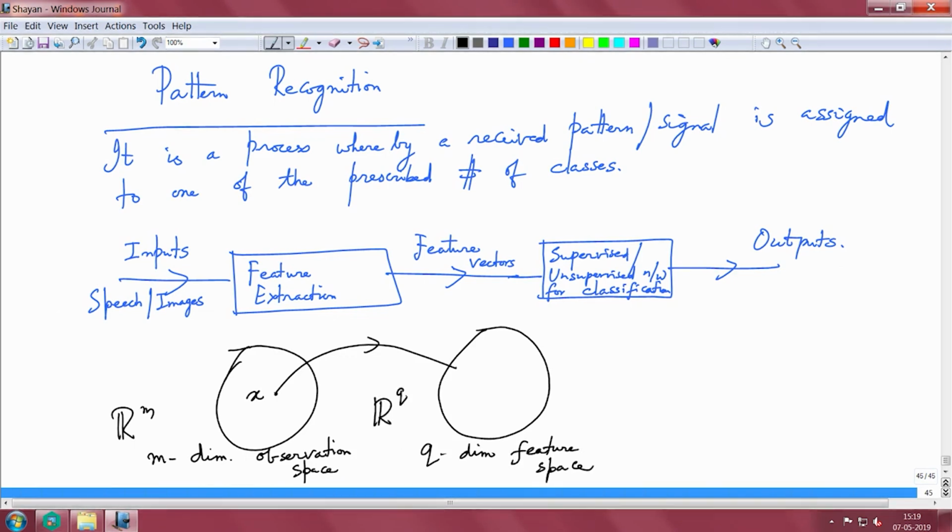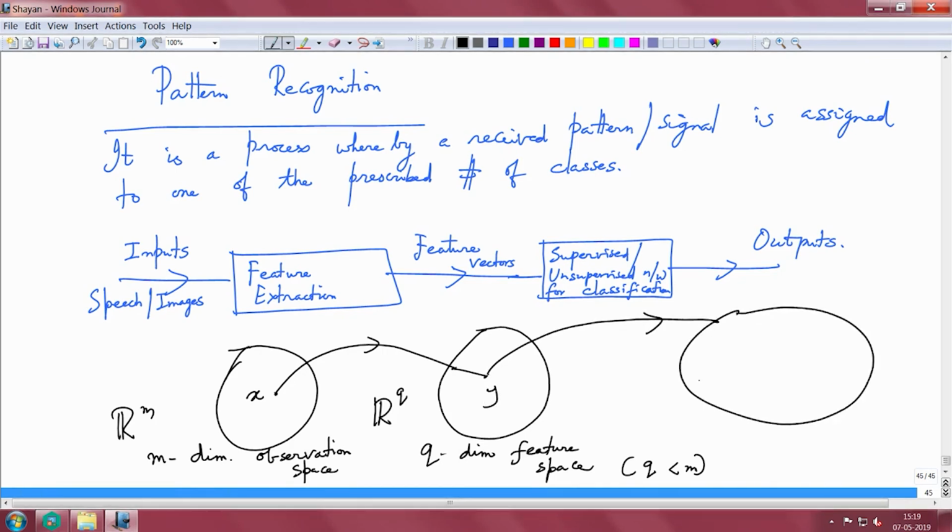This is Rq, and typically q is less than m, and let us say this is y, and from y I get into an output space which possibly has a tessellation, right. This is a t dimensional output space. So, at this stage, when you are taking your vectors from the observation space to a feature space, you are doing some kind of dimensionality reduction.